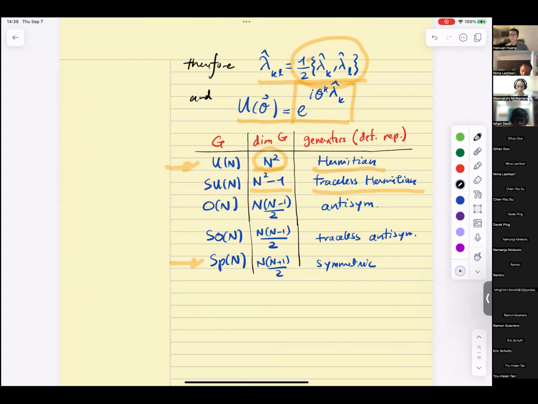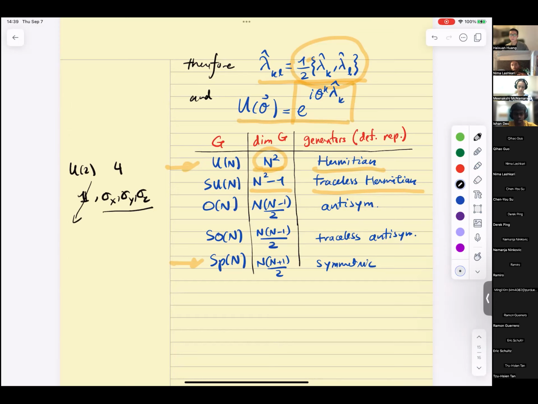So an example here would be U2, right? At the level of the Lie algebra, U2 is 4-dimensional, right? What are the generators of the Lie algebra? Identity, sigma x, sigma y, sigma z. Requiring that it's SUN will kill this one and restrict to traceless Hermitians, and these are the good old Paulis, right?